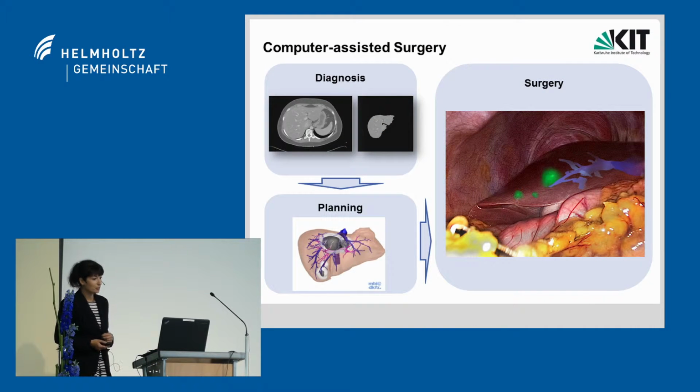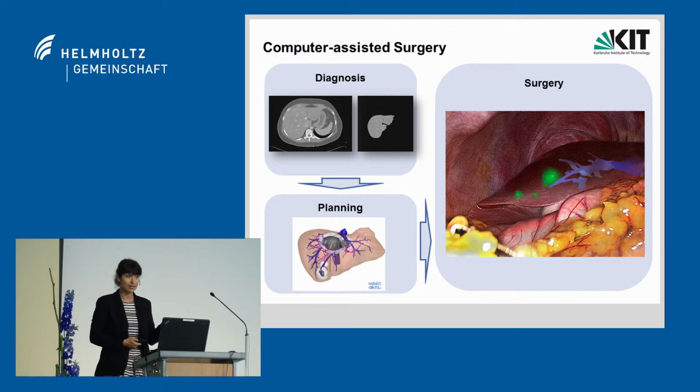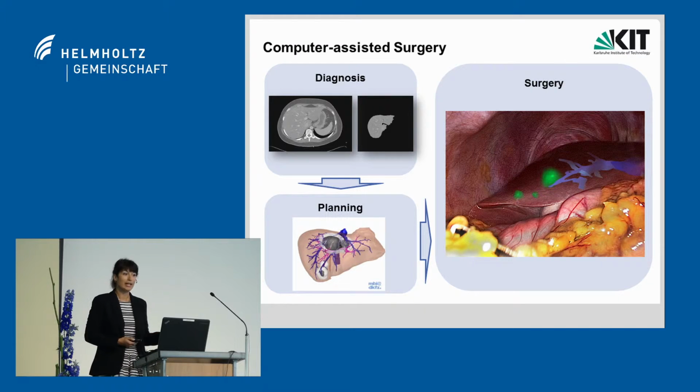What I mean with information is, for example, as you can see here on the right, visualizing structures like the vessel tree or tumors, which are underneath the organ surface, so not visible to the surgeon, and to help him to navigate to these structures. You are all familiar with navigation systems in your car, and the concept we apply here during the operation.